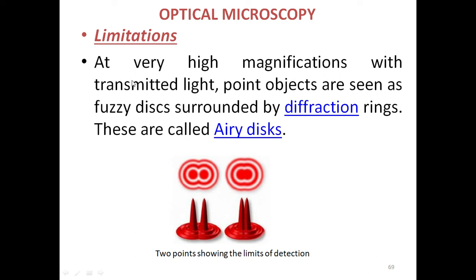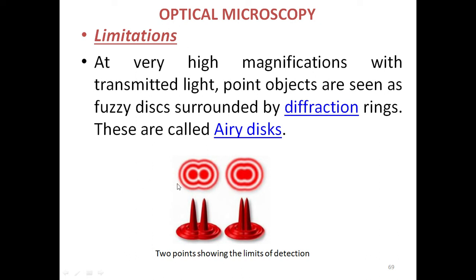Limitation. At a very high magnification with transmitted light, point objects are seen as a fuzzy disk surrounded by diffraction rings. These are called Airy disks. So we can see two points showing. When we go very near to these points to get detail, because of the magnification we see these Airy disks around the points.